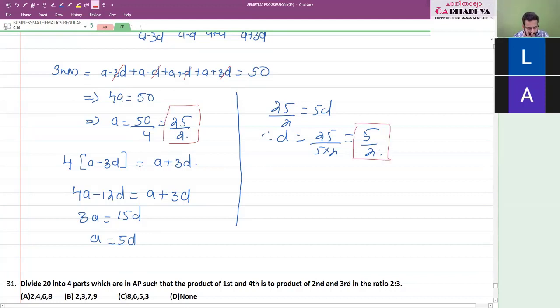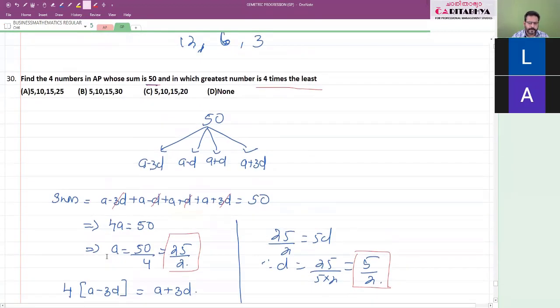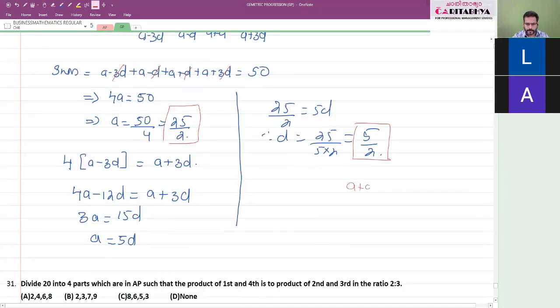Numbers. So we have a choice answer here. A plus D, A minus D, A minus 3D, A plus 3D.